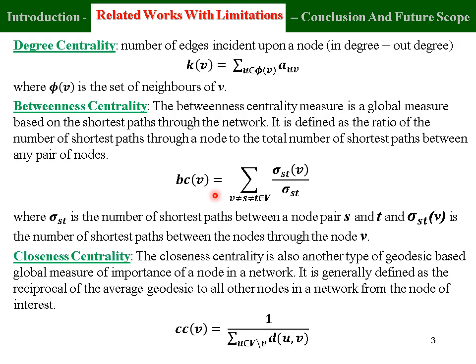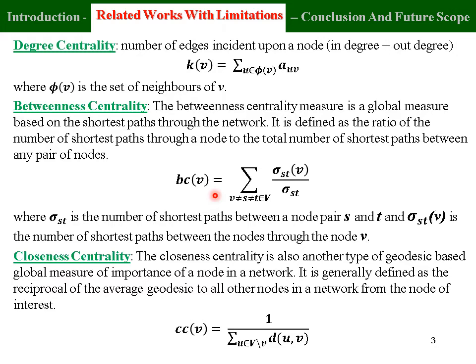That is, if we consider the two ends of the bridge as two nodes, then all the paths from the left part to the right part go through those two nodes. So in this case, the betweenness centrality value of those two nodes is very high. That is, they are very important nodes under that assumption.